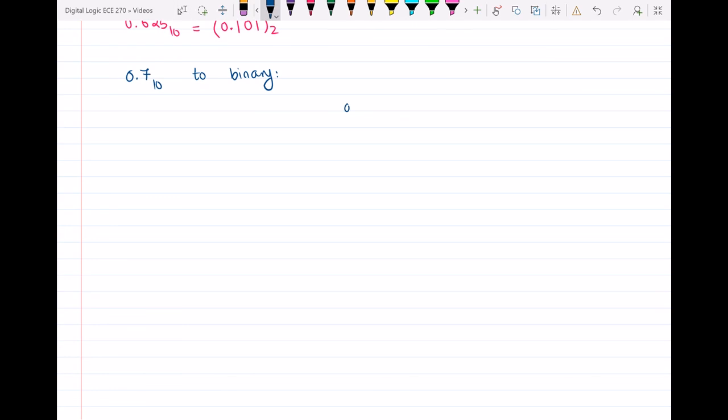So we have 0.7 multiplied by 2, 1.4. As I said, this will be my a minus 1. So 0.4 multiplied by 2 is 0.8. 0 is my a minus 2. Let me just circle this 0 and 1.